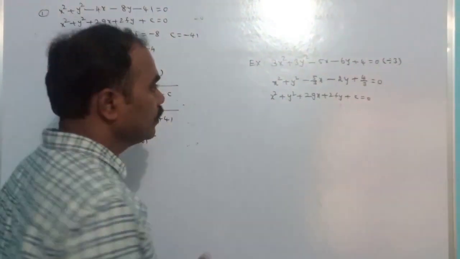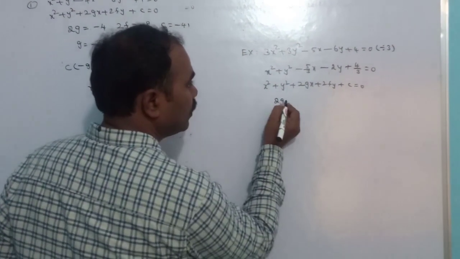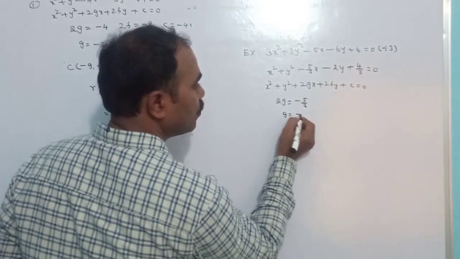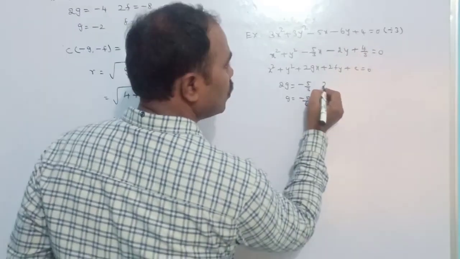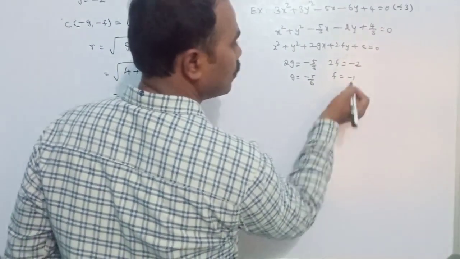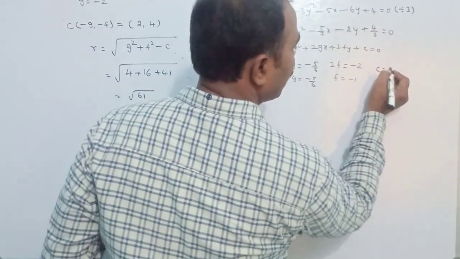Now compare this with the general form, x square plus y square plus 2gx plus 2fy plus c equals to 0. Where the x coefficient 2g equals to minus 5 by 3 and g equals to minus 5 by 6. 2f, the y coefficient, is minus 2 and f equals to minus 1 and c equals to 4 by 3.